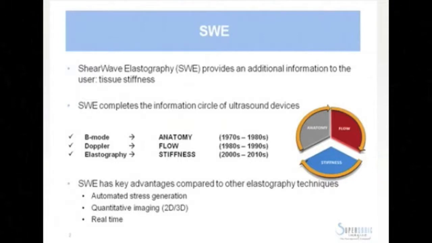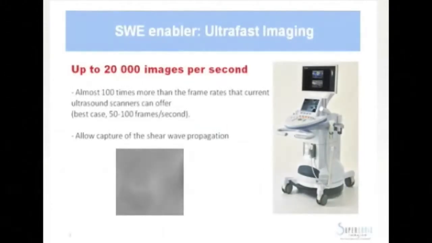So these advantages are possible thanks to our scanner, which is a scanner capable of doing ultrafast imaging. Ultrafast imaging means that we are able to compute up to 20,000 ultrasound images per second.